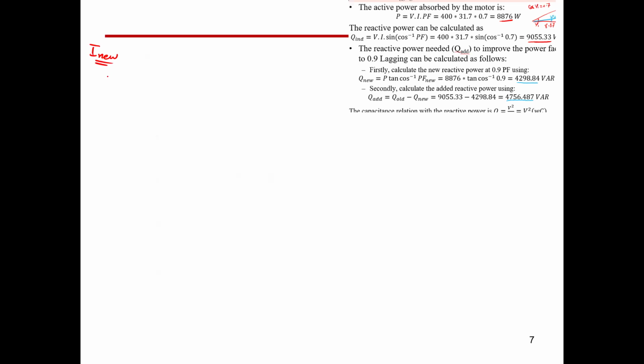Simply, you know, guys, that S equals V times I conjugate. If we just consider the absolute values, S equals the absolute value of V times the absolute value of I. But I'm going to say S new and I new. For sure, the volt is going to be the same, guys.